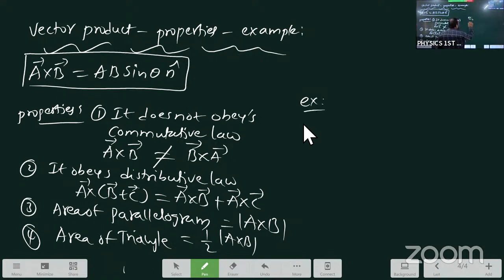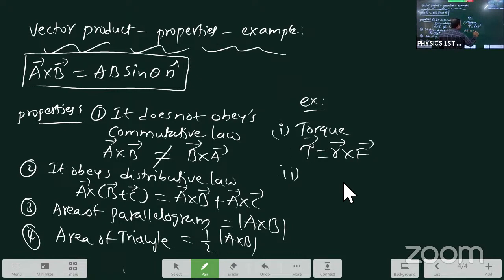Example, student, you know from physics, from system of particles we write torque. Torque, tau equals R cross F. One is the torque example, student.